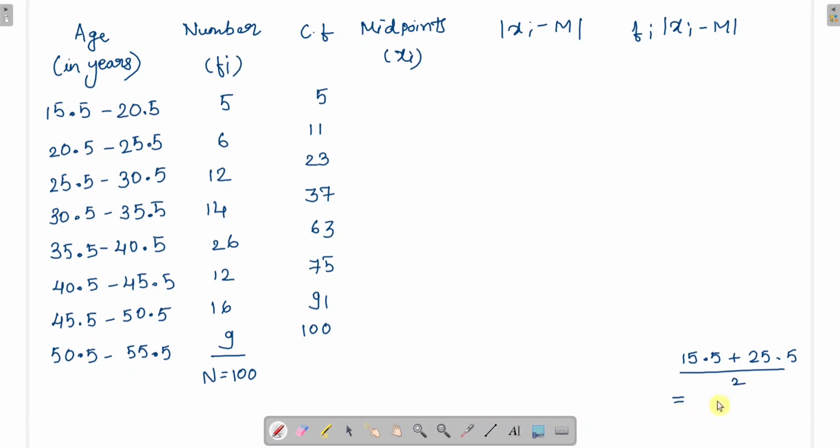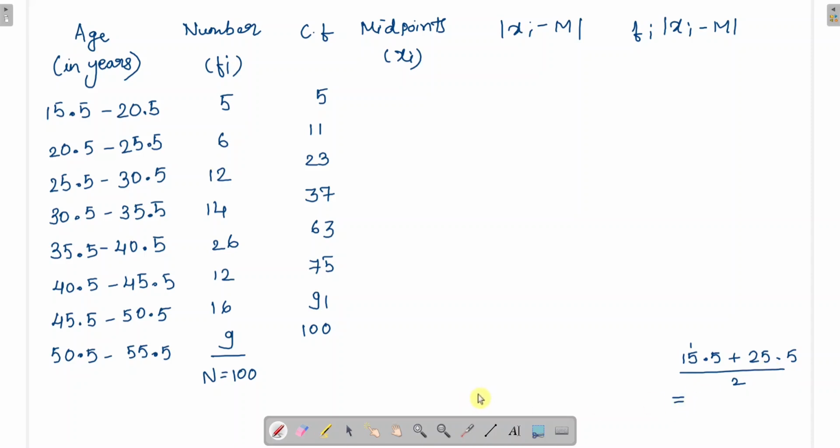So that will be 5 plus 5 is 10, then 1 is added here. 1 plus 5 is 6, 6 plus 5 is 11, right?